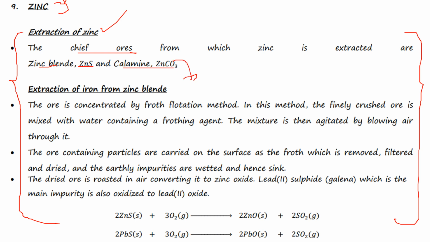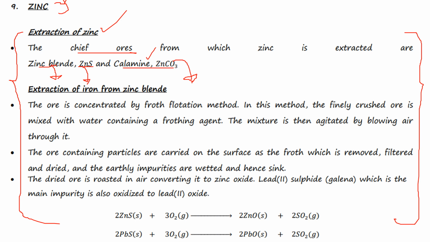We are not calling them their chemical names because they are contaminated with other compounds. So that's why zinc carbonate, instead of being called zinc carbonate, is called calamine on an industrial scale. And zinc sulfide, instead of being called zinc sulfide, we are going to call it our zinc blende. And this is the chief ore for extraction of zinc.